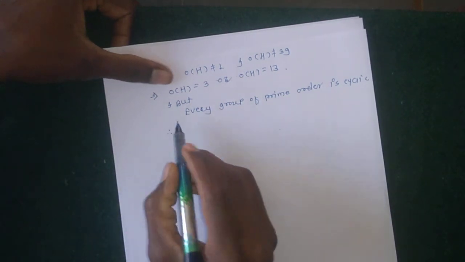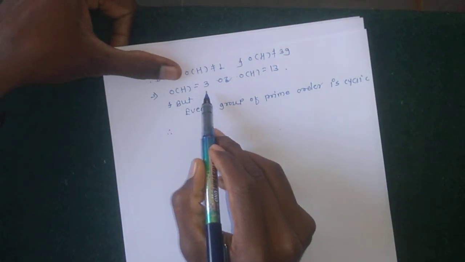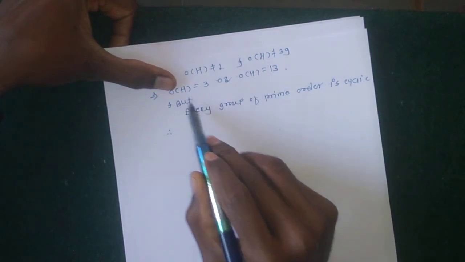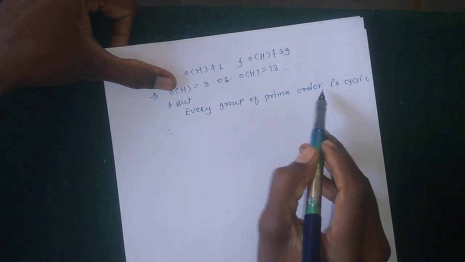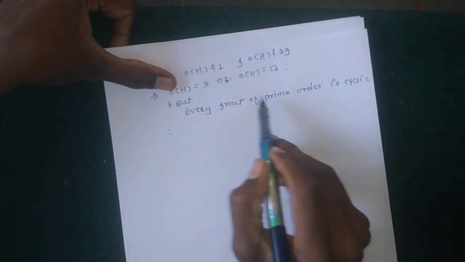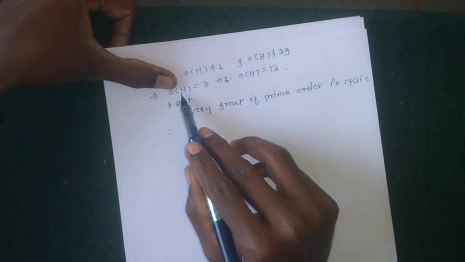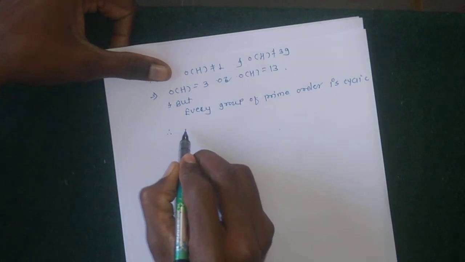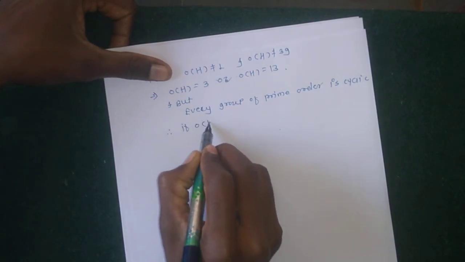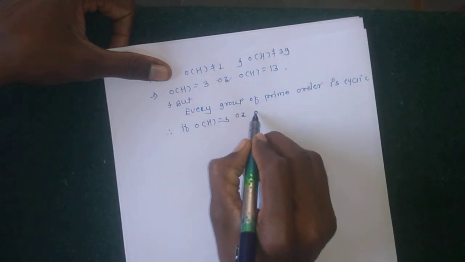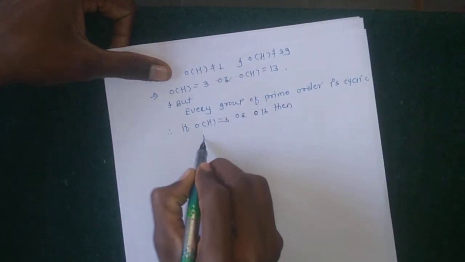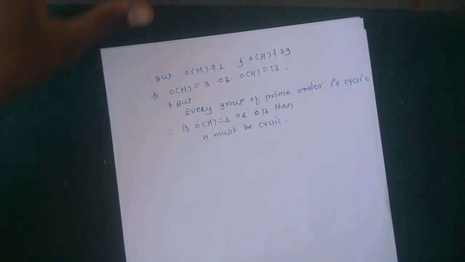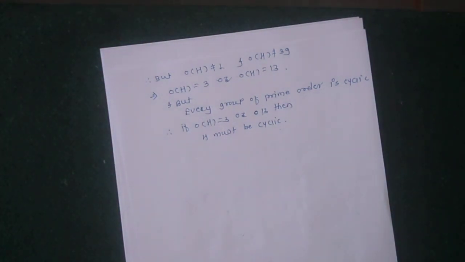Here the order of H equals 3 and 3 is prime, and 13 is also prime, which implies that H must be cyclic. Therefore, if the order of H equals 3 or 13, then H must be cyclic.